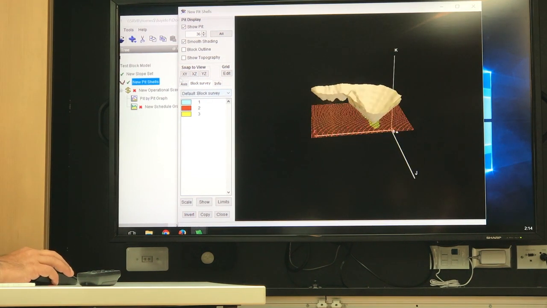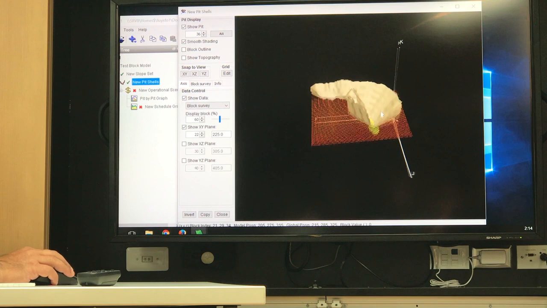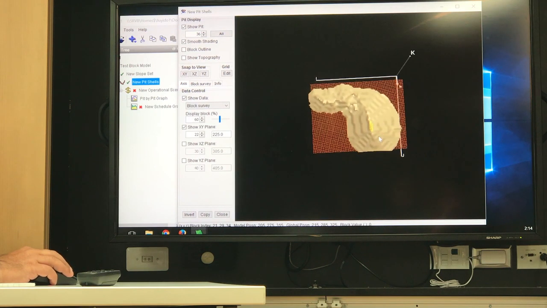If I go back here, this is the bottom of the pit shell. As you can see, I have the mineralized zone. If I go up, now I have the pit shell, but surrounded with all this waste, correct?